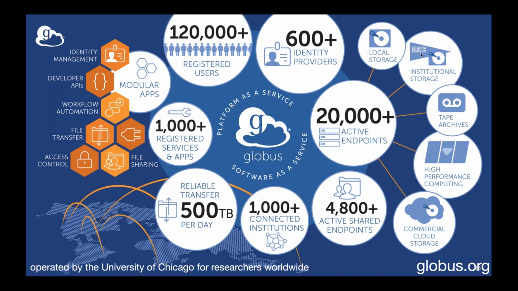Then on the right, we show the different storage systems that we can access and manage using Globus. We can move data to them and from them, and we can manage access to data located on them. Commercial cloud storage, certainly Amazon S3 and others, is a very important and growing use case. Then there are high performance computing centers and tape archives.